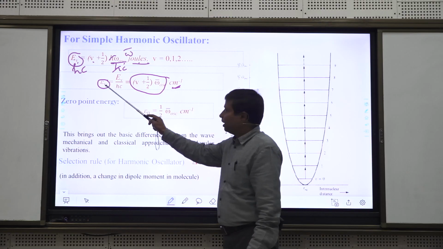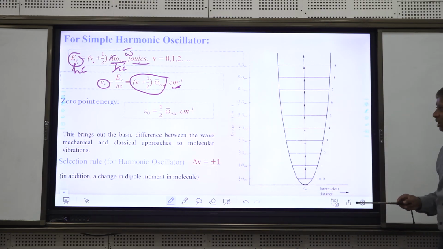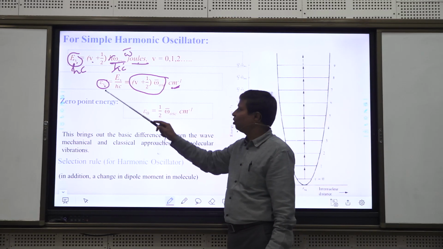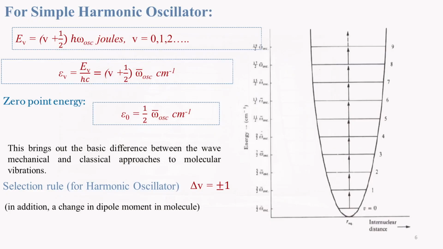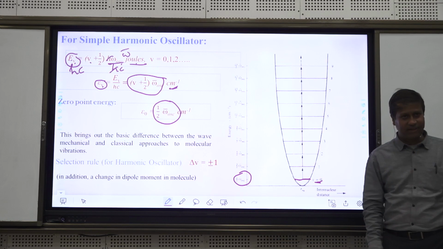Now let us see how the energy levels are. First energy level, ground state, v is equal to 0. If you put v equal to 0, then you have half omega osc. What is the value? Half omega bar osc.